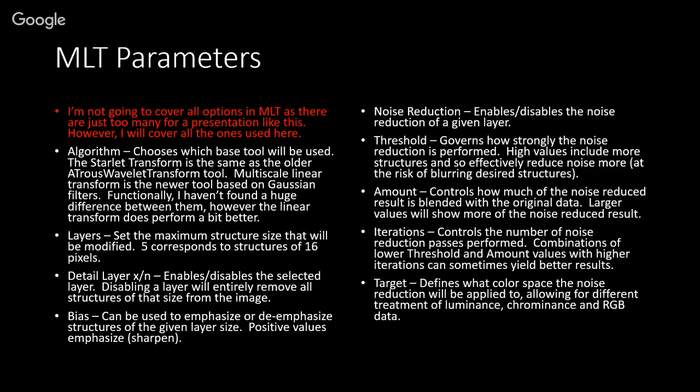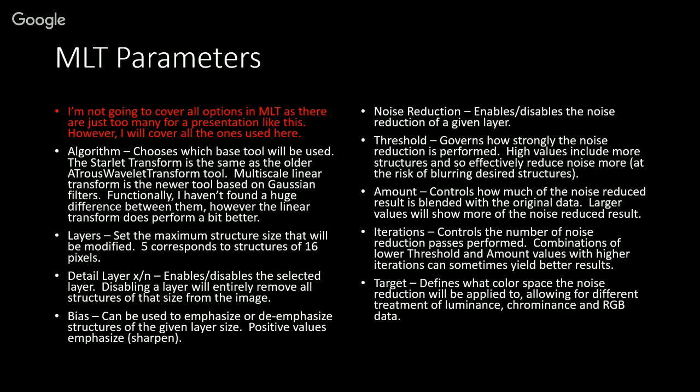So there's positive and negative values you can put on there. Positive values will emphasize that particular structure layer, effectively sharpening those structures. This is very similar to a high-pass filter in Photoshop, although you're limited to specific powers of 2 structure sizes.